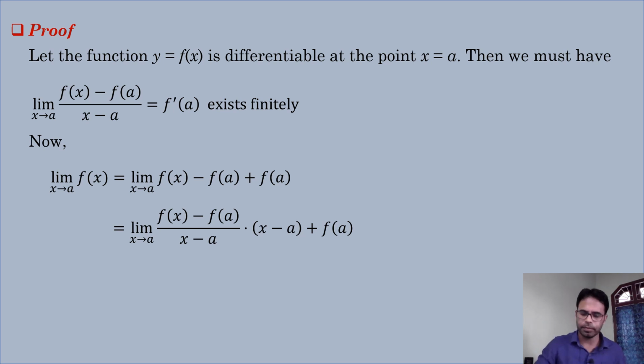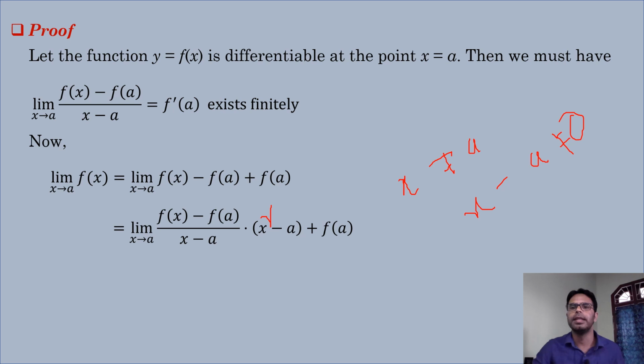You see here, I am writing this one. x is not exactly equal to a. So what is the conclusion? The conclusion is x minus a is not 0.